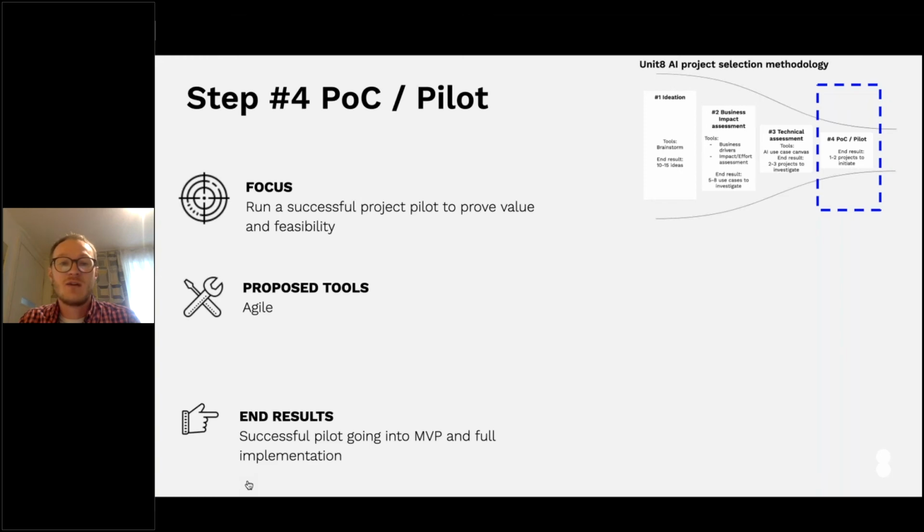Because if you're able to deliver the project in a way that delivers on the business impact, it will help you later on to move this particular pilot into an MVP and into the full implementation and embedding in the workflow. Hence, you'll be able to claim the success.